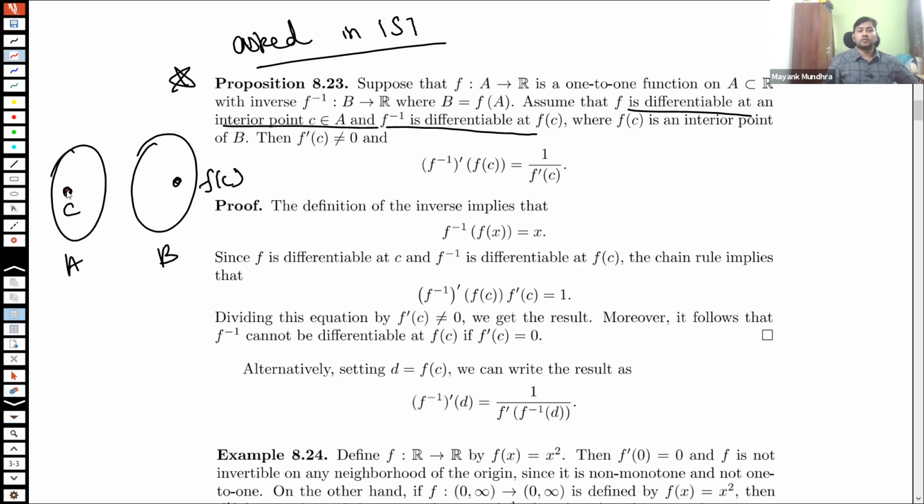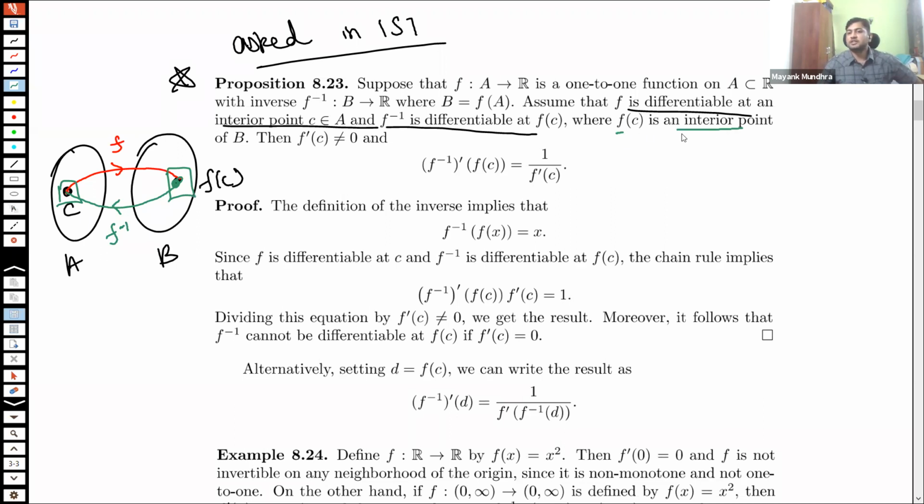So I'm saying my function f is differentiable at c, and my inverse function f inverse is differentiable at its image f of c. So f is differentiable at its starting point here, and f inverse is differentiable at its input point, which is f of c, such that these two are related.